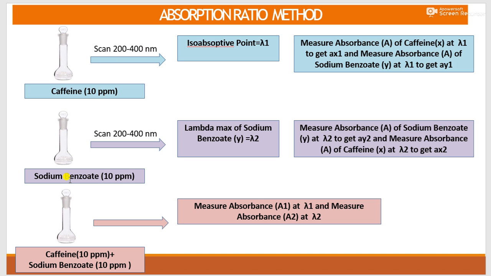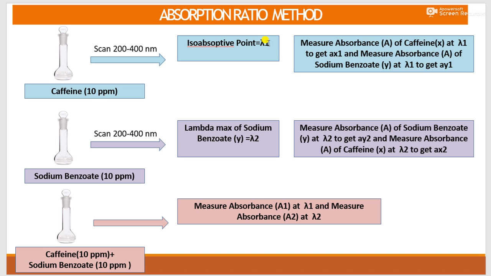So these standard solutions are scanned in UV from 200 to 400 nm simultaneously, and isoabsorptive point is measured, and that point will be our lambda 1. What is isoabsorptive point? The point in spectrum where the absorbance of both the components meet each other.